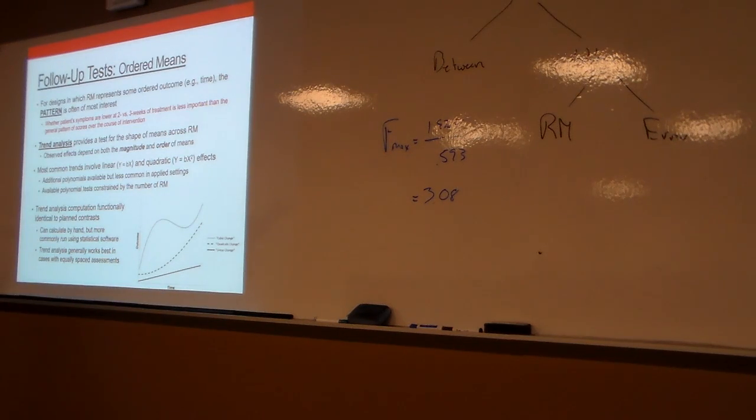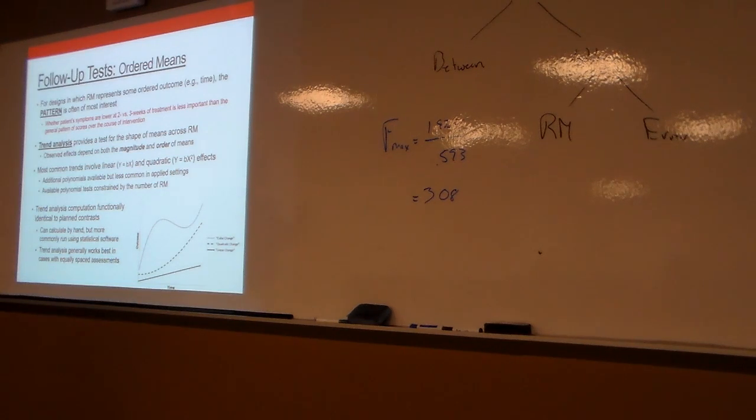This is going to be best if you have equally spaced assessments, right? So in our example, we have baseline, 2 weeks, 4 weeks, 6 weeks. That makes some sense. Everything's kind of even Steven. If I want to apply a trend analysis to baseline and then 1 week and then 1 week and then a month and then 6 months, that's probably not going to fly.